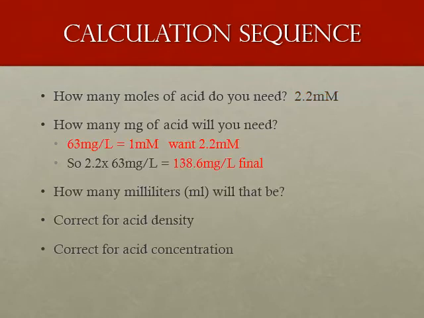How many milligrams of acid do we need? Well, we know that 63 milligrams per liter is 1 millimole, and we want 2.2 millimoles because remember, we're neutralizing 2.2 millimoles of bicarbonates. So we want to add just the right amount of acid to knock out that much bicarbonate, so we're left with the desired 1 millimole. So 2.2 times 63 milligrams per liter gives us the acid we need.